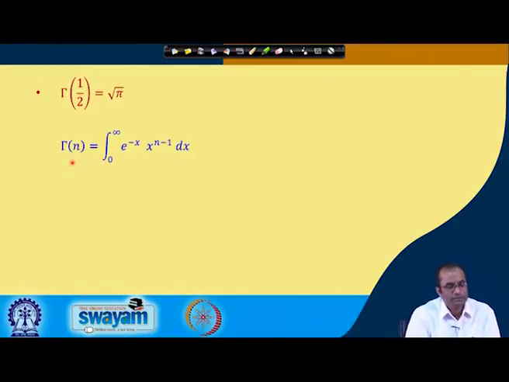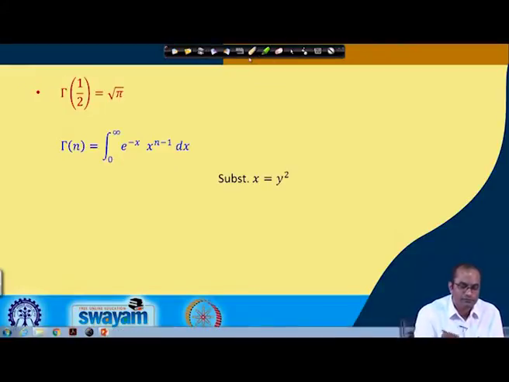So, gamma n is the integral from 0 to infinity of e power minus x and x power n minus 1 dx. If we substitute x equal to y square in this integral, this will give another form of the gamma integral. What will happen for the substitution?